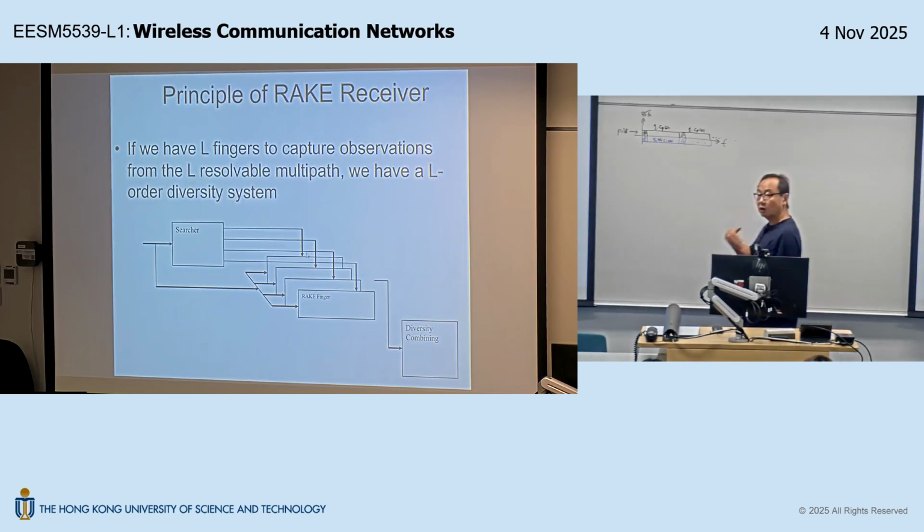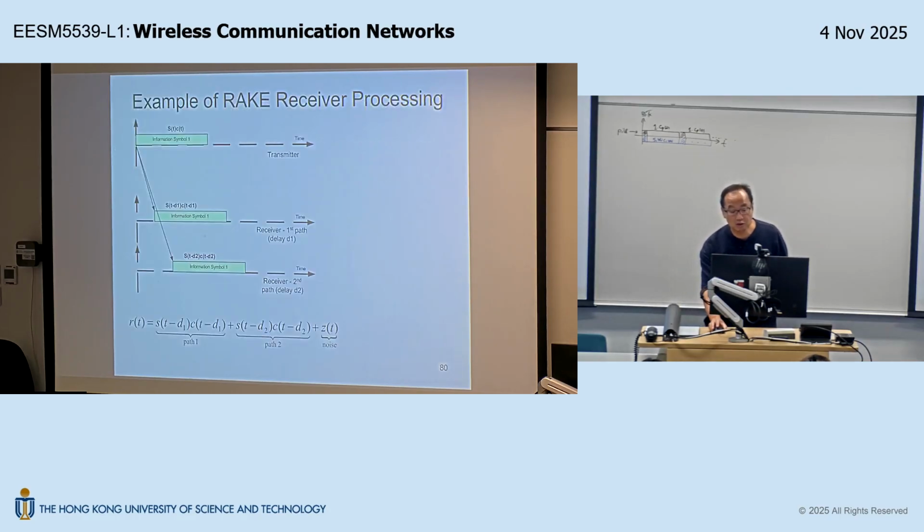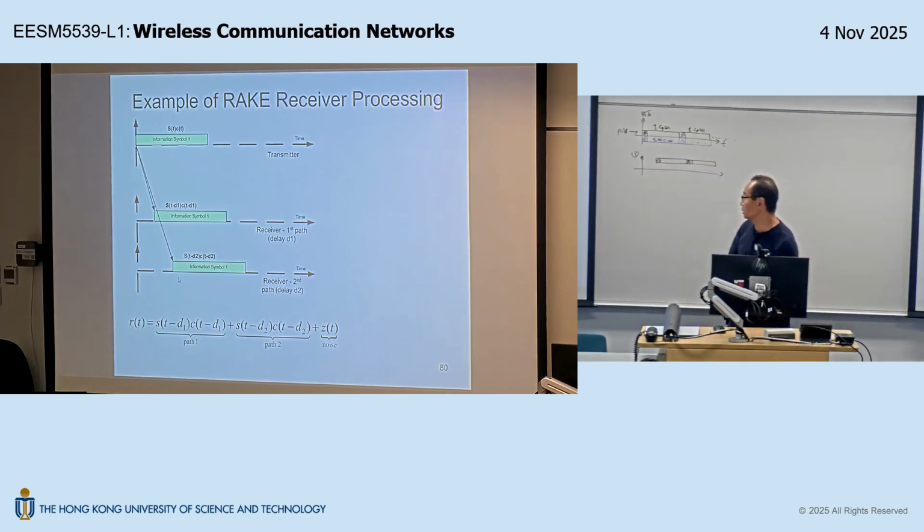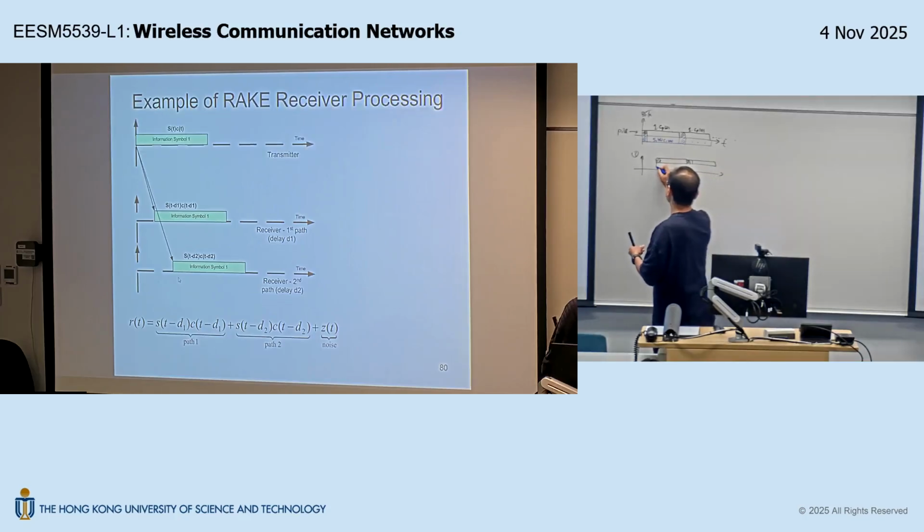So now, if I'm the mobile, how do I know the despreading timing? Let's say in this example, there are two resolvable paths from the transmitter to the receiver. So let's say this is the first path. In the first path, this is the pilot channel, and then this is the data channel.